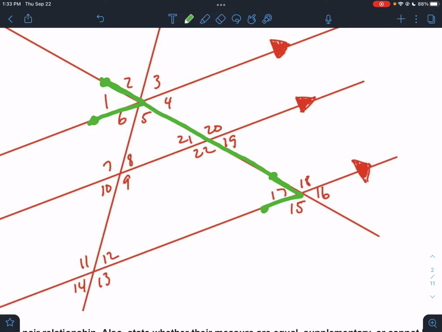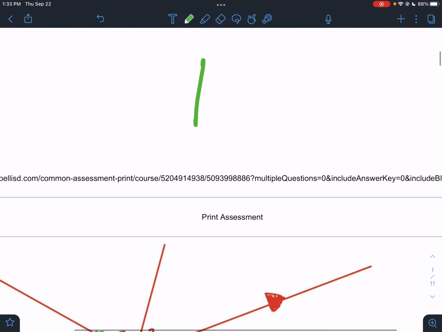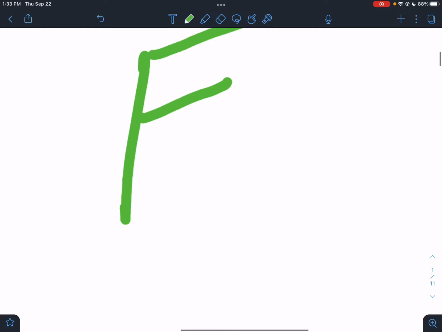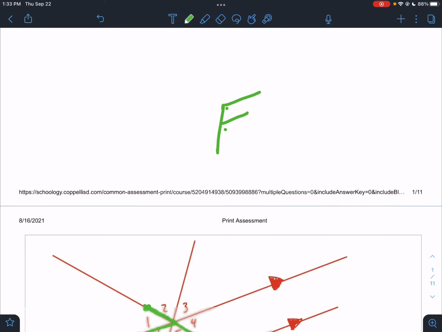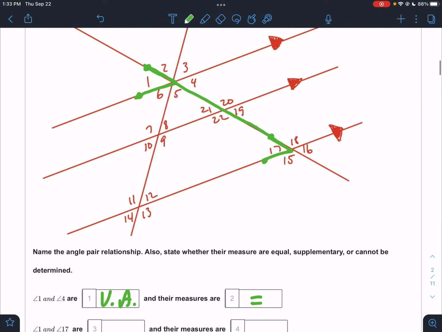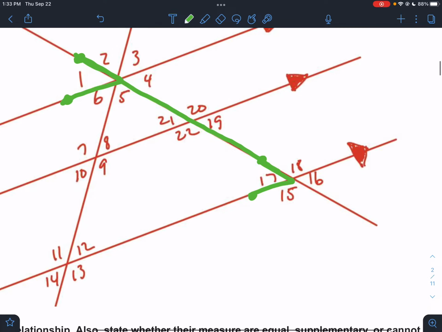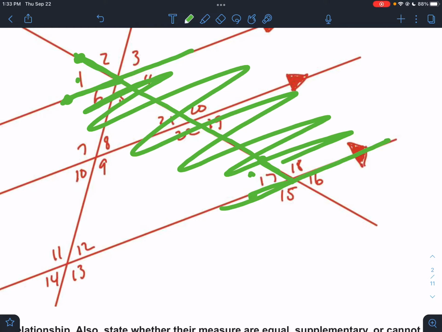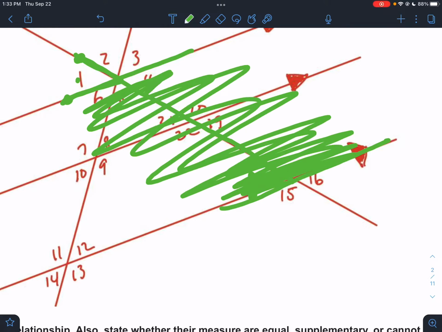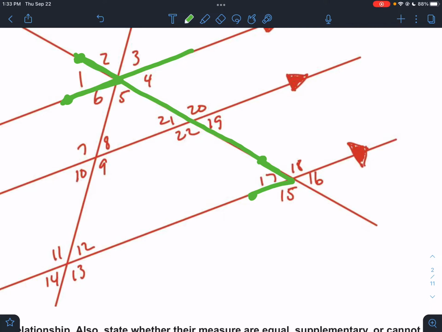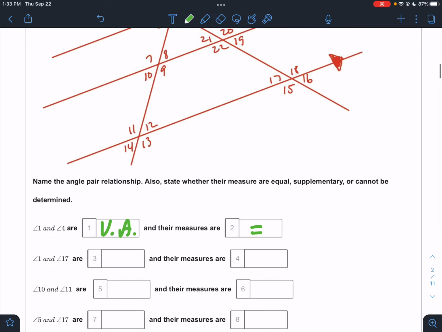Doesn't that look like the upside down F? This type of shape is just upside down. And what do we know about the inside corners of the F? They're going to be corresponding angles. Also, another way you can know is if you were to draw the whole thing out, they're on the same side. This is the space between. So 17 is inside, 1 is outside. If they're on the same side, one in and one out, that's when you have corresponding angles. So 1 and 17 are corresponding angles.